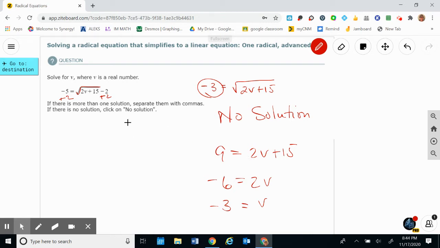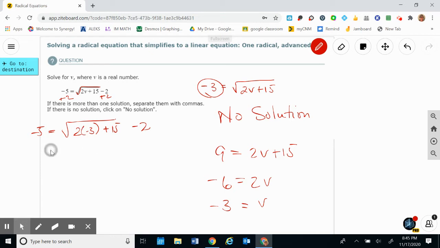If you plug that in, let's see what would happen. You get 2 times negative 3 plus 15 minus 2. Oh, wait a minute. I forgot that we had the minus 2 on the other side.